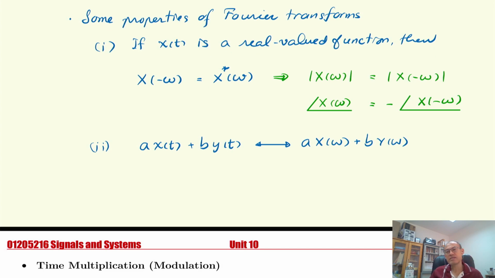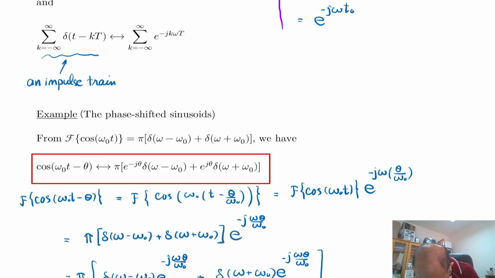This means that if we want to take the Fourier transform of a linear combination of two signals, then the result will be the same linear combination of the Fourier transforms of those two signals. This is called the linearity property. And the third property was about time shift and time scale. Time shift signal.